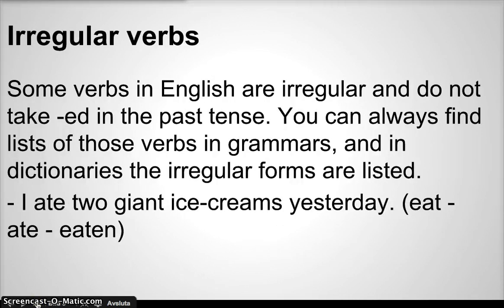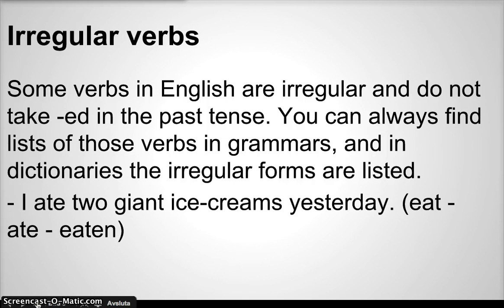Some verbs in English are irregular, and they do not take ed in the past tense. You can always find lists of those verbs in grammars, for instance, and you can also find them in dictionaries. If you look up the infinitive form of the verb, the form which you can put to in front of, to eat, for instance, and then if it is an irregular verb, they will list the two other forms from the verb theme.